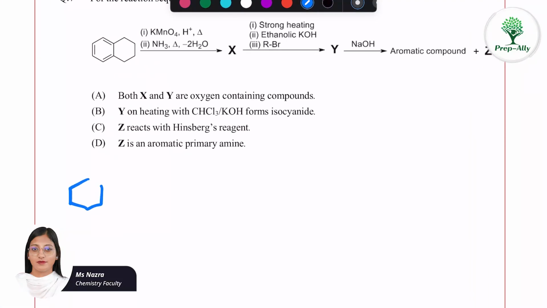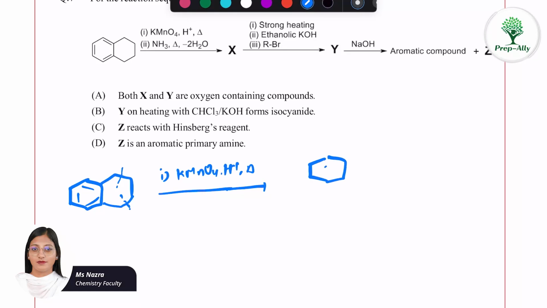First is KMnO4 in acidic medium, we are heating this compound. This will break from here and form the carboxylic acid.